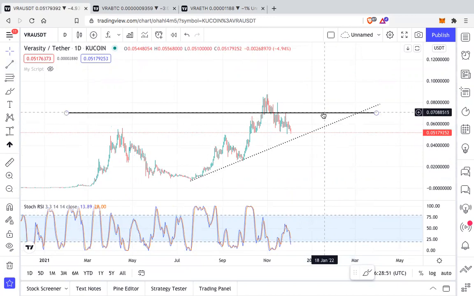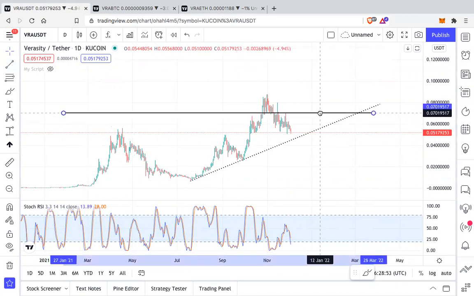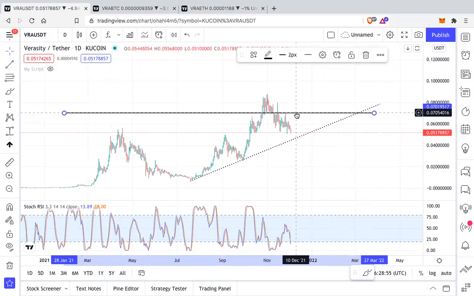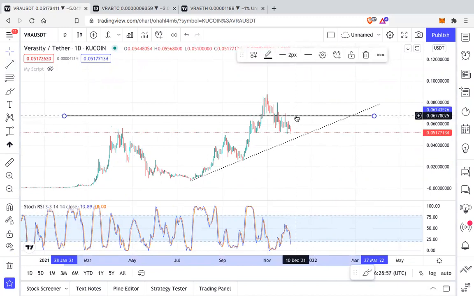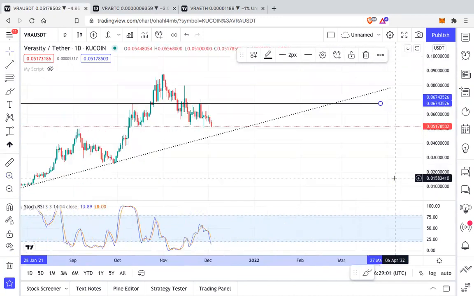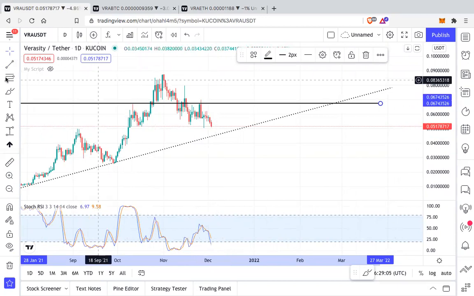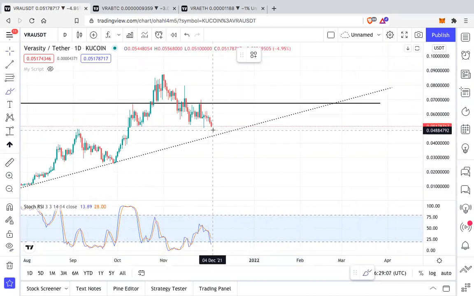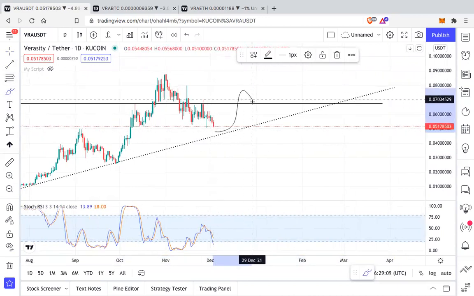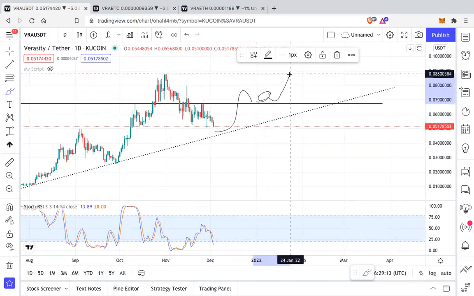For me, this is a very important price point for VRA. I have right now highlighted in black at around 6.8, this range. See this price action. I want this to be flipped into support. Once we flip this zone into support, I see VRA heading for a new impulse wave.